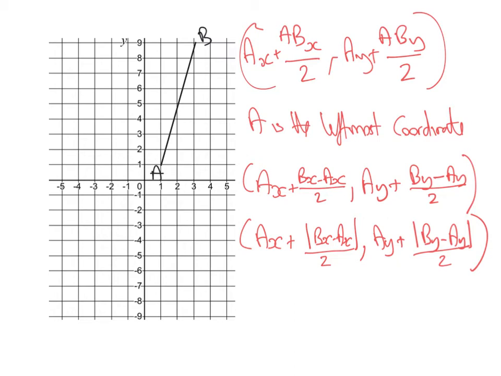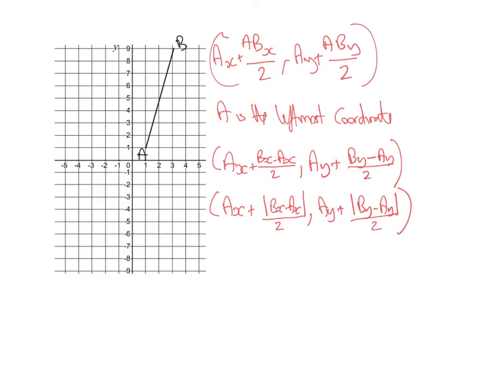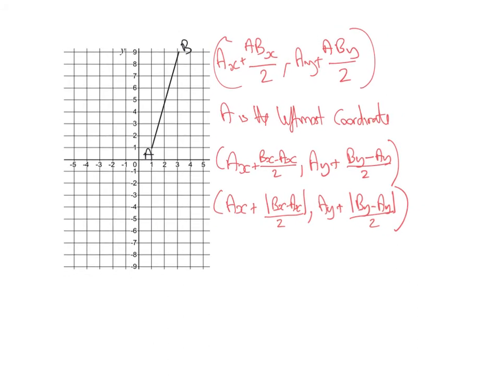So for instance, let's have a look now. We can use this method here. We know A is 1, 1, and B is 3, 9. So what's the x value? Well, that's 1 plus the modulus of BX, which is 3, take away AX, which is 1, all over 2, comma, and the y value is 1 plus the modulus of BY, so that's 9 take away 1, all over 2.